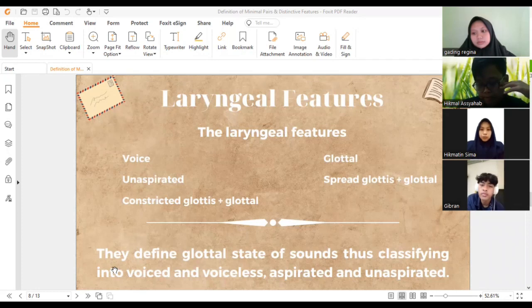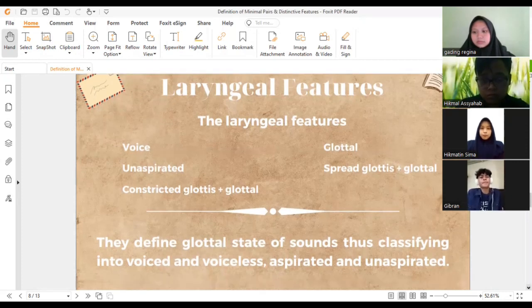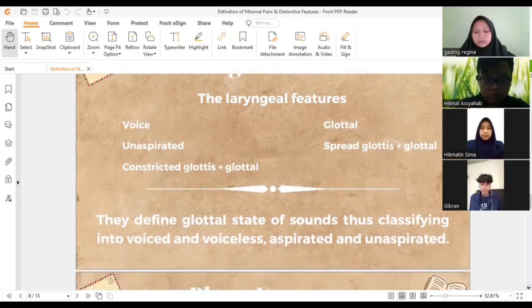Coronal divides into dental, alveolar, post-alveolar, prepalatal, and palatal. For the third, dorsal. Dorsal divides into velar and uvular consonants, and vowels in general. And the last one, radical. It's divided into epiglottal and pharyngeal.